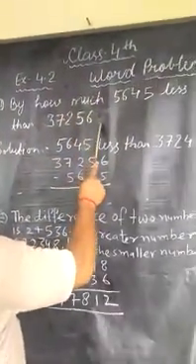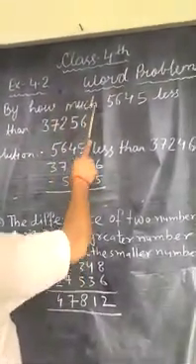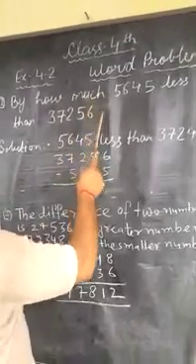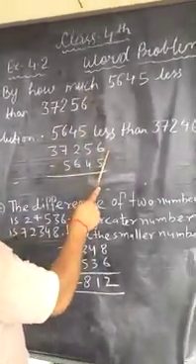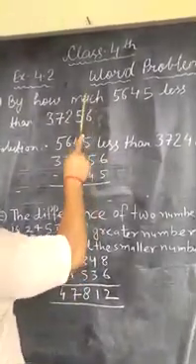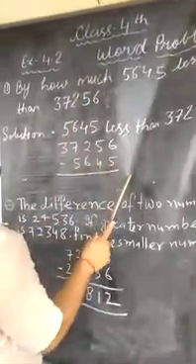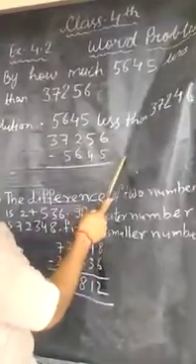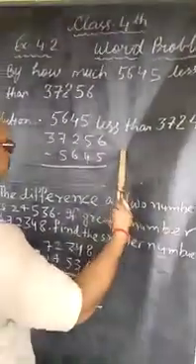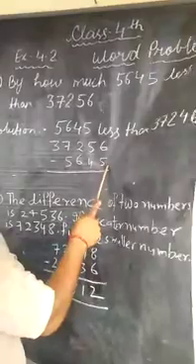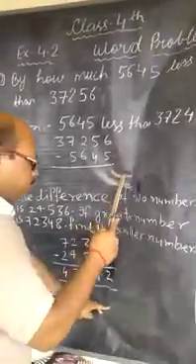By how much? In this type of question, how much less or how much more, we can solve it by subtracting the smaller number from the greater number, and we obtain the answer.